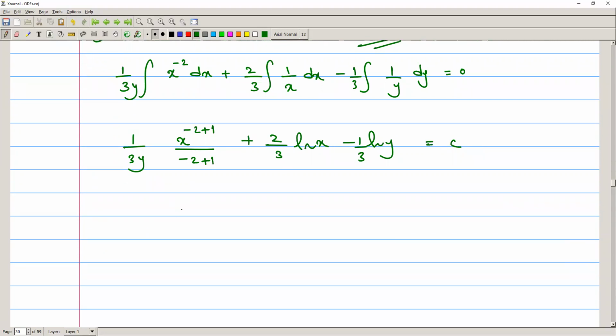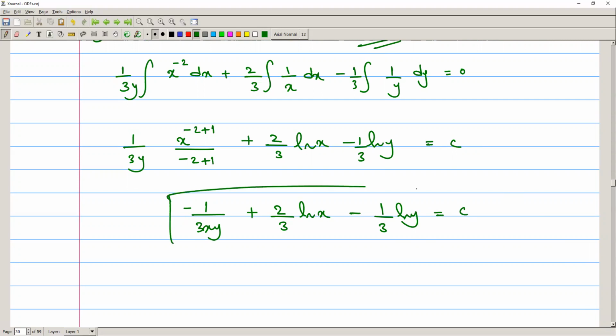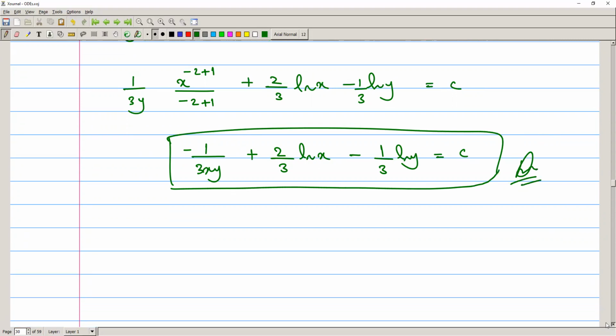And with further simplification, we can get -1 over 3xy plus 2 over 3 ln x minus 1 over 3 ln y is equal to c. So this is the technique of solving these problems.